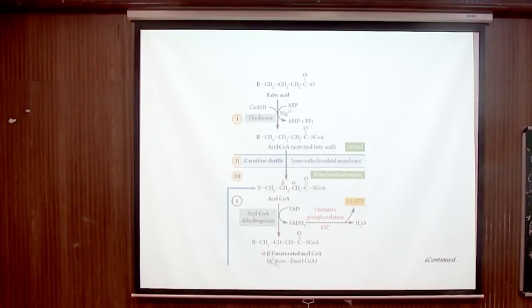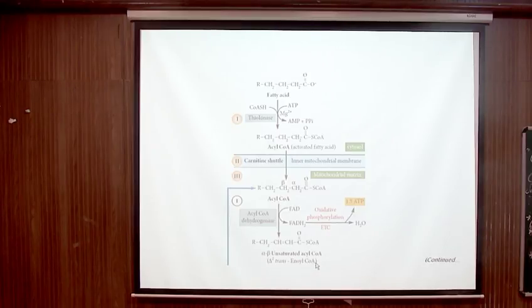So we get the first intermediate, the alpha beta unsaturated acyl coenzyme A or enoyl coenzyme A. Mind you, all these intermediates will be called coenzyme A, whereas in fatty acid synthesis it will be ACP.